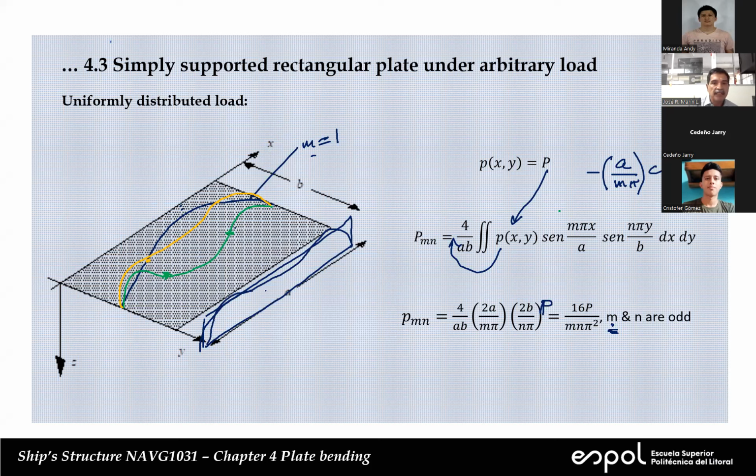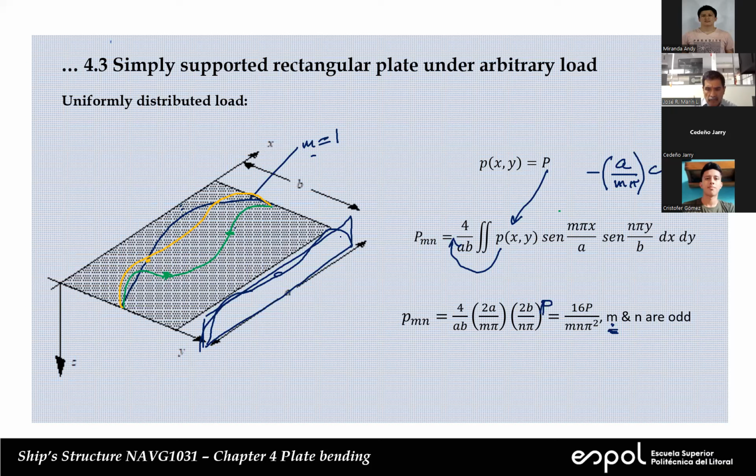So if we include m equal to 5, we're going to include a bit more here. This is going to decrease, this is going to increase, etc. As we increase the number of odd terms, we're going to get closer to the uniformly distributed load. That's what we need.